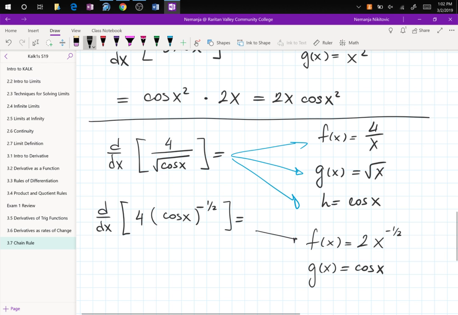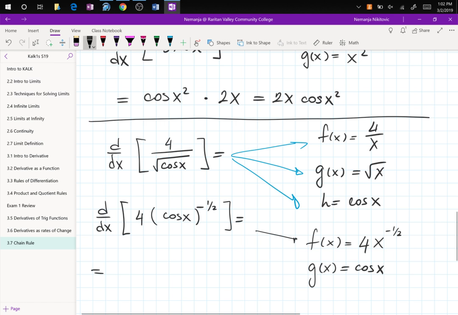So now taking this derivative is easier. It wasn't hard before, but now it's even easier. So we take, why did I put 2x? It's a 4x. It's a 4. Probably I was thinking of a half.